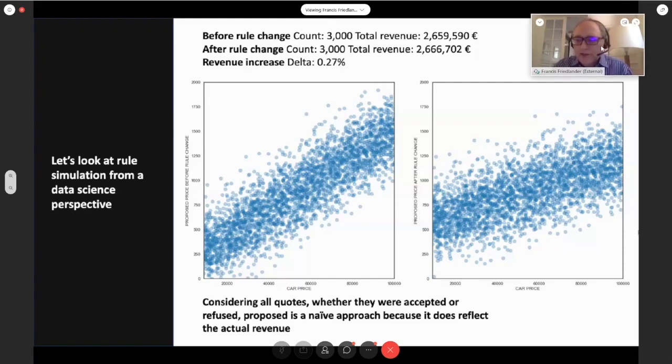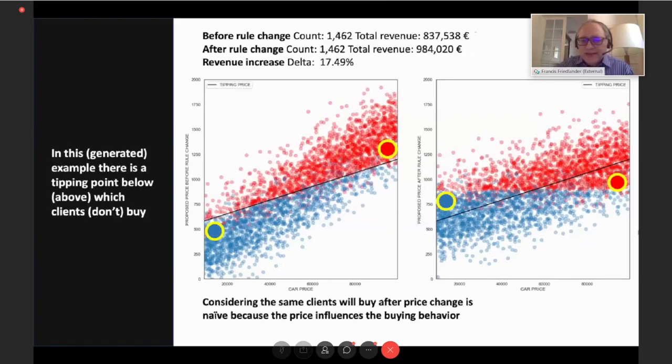So it does not reflect your revenue. There is a much better approach consisting in filtering out all the clients who did not accept, and you keep only the clients who accepted. And this is this blue cloud you see on the left-hand side. So you see the amount the clients paid, and if you sum all that, you do an integral calculus, you have exactly what your revenue was.